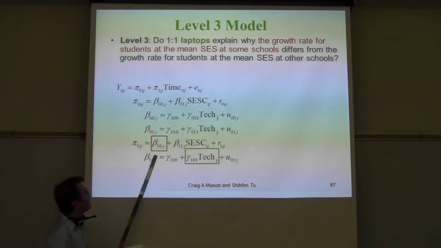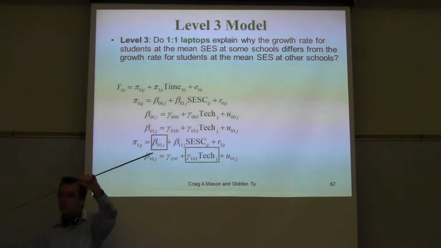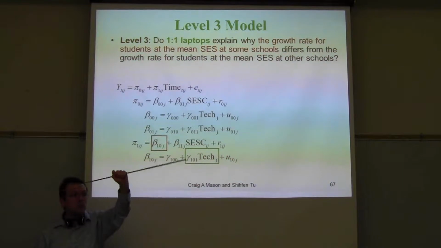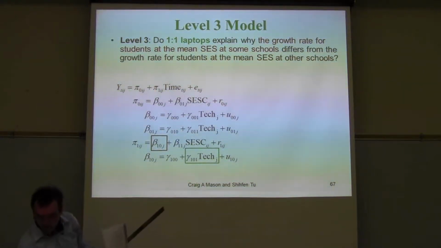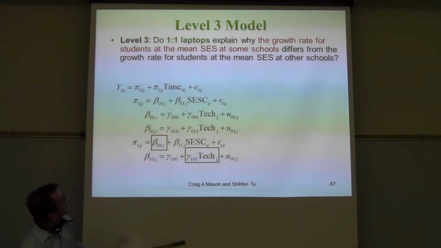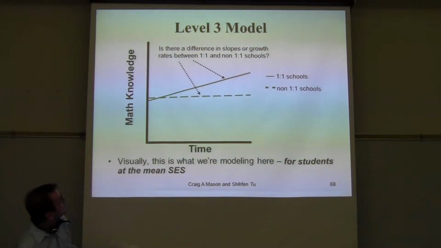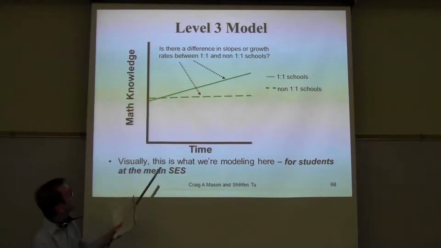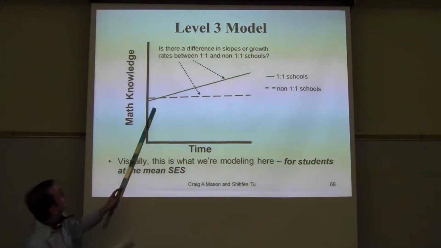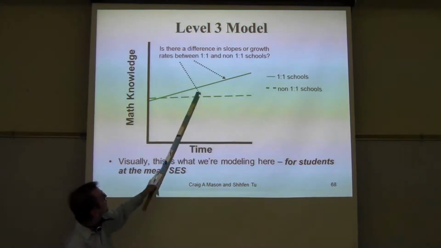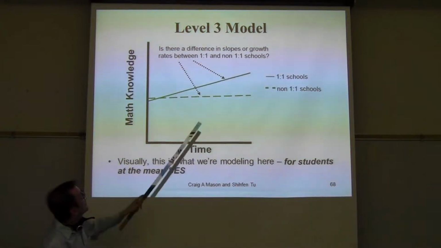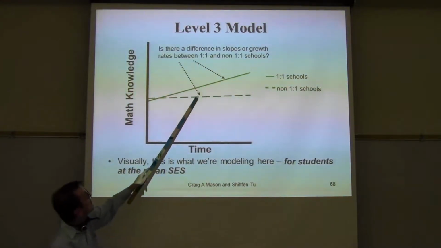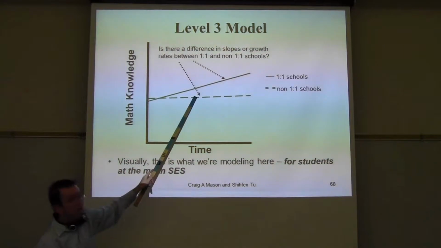So we've got 25 of those. Each school has its own average growth rate, or growth rate for the average kid at the school. And we're going to predict those 25 growth rates based on whether they are a laptop school or not. Visually, here's what we're looking at with this first one. Is there a difference? We've got our growth rates. We're asking, is there a difference in these slopes for average kids?